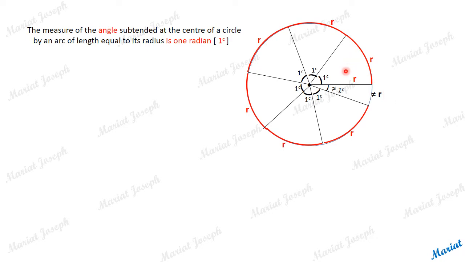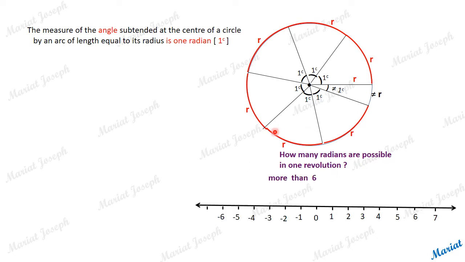See, 1, 2, 3, 4, 5, 6 radians we got complete. But how many radians are possible in one revolution? Little more than 6. And the 7th radian, since it is not complete, the actual number of radians will be less than 7. So the amount of radians in one full rotation will be something between 6 and 7.